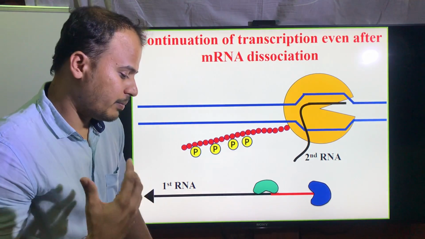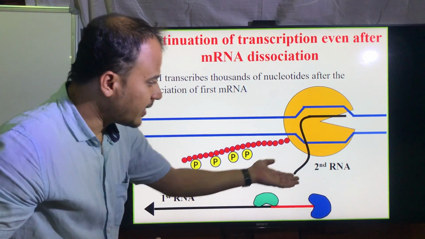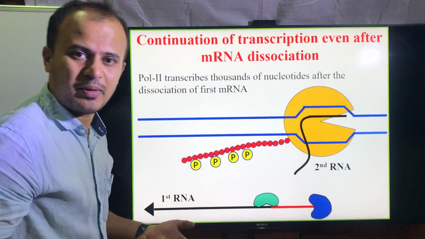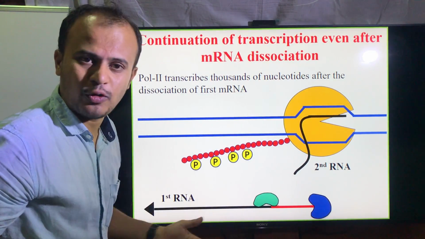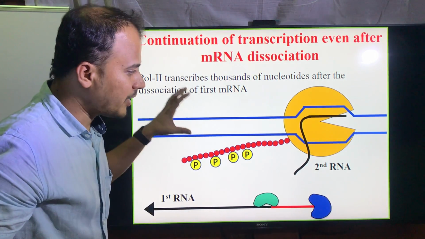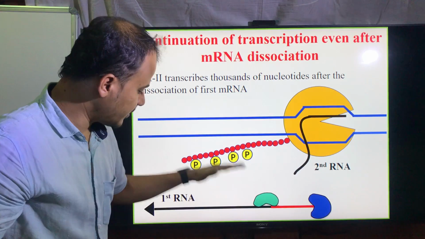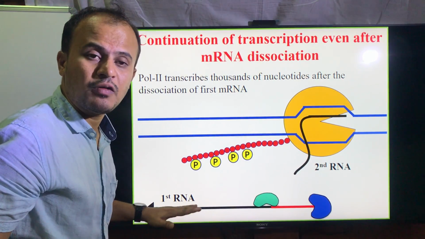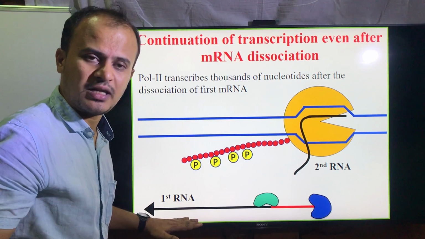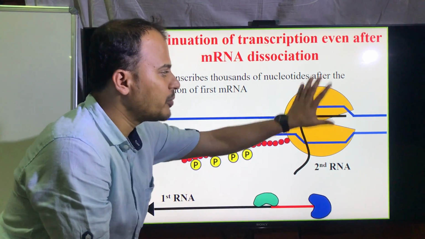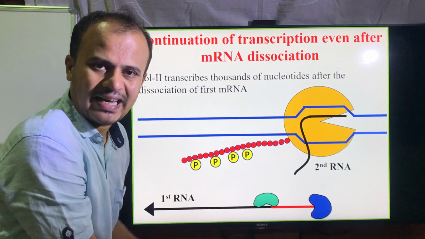You may be surprised to know that the second RNA being transcribed by the RNA polymerase can have thousands of nucleotides. That means RNA polymerase goes a long way even after the detachment of the first RNA by the CPSF, CSTF and other proteins. It continues to transcribe and produces the second RNA.